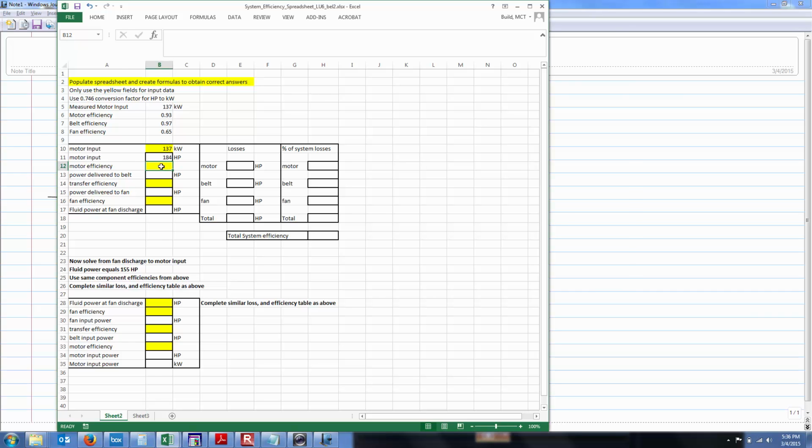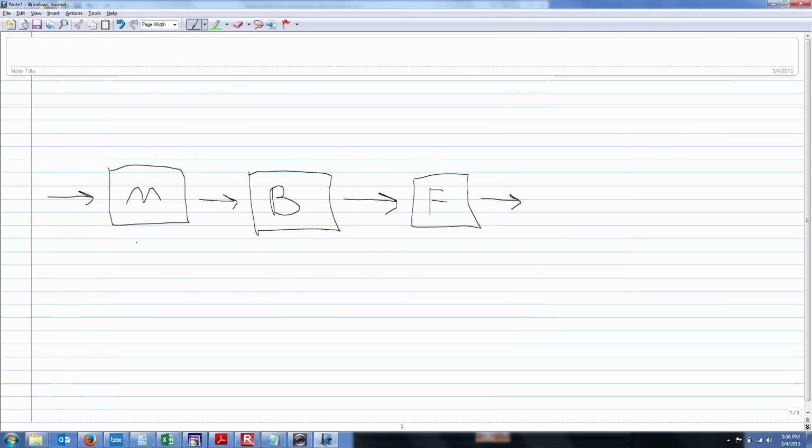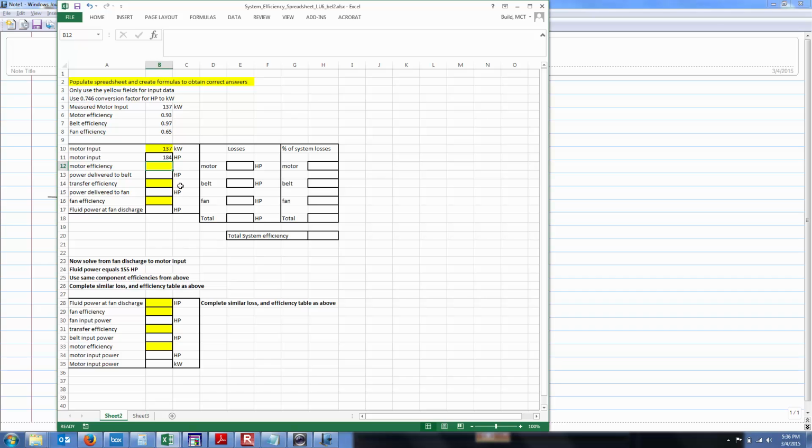Now, back to the diagram. The motor is going to have some efficiency. I'll just call that eta sub m. So that's the Greek letter eta, and it's kind of a nasty looking m, but that's what it is. And here I can just put in equals 0.93. That's already given.